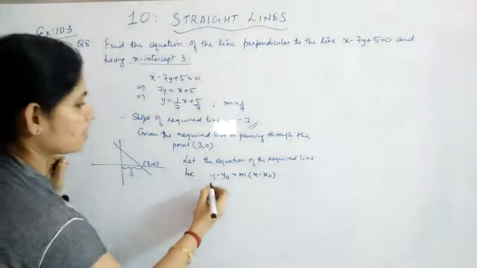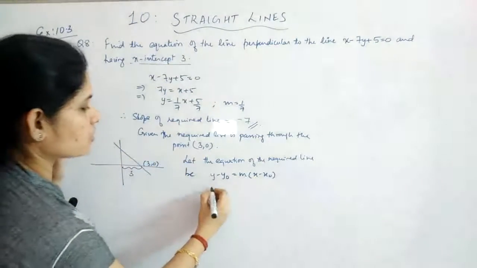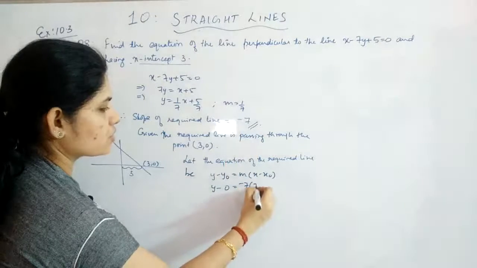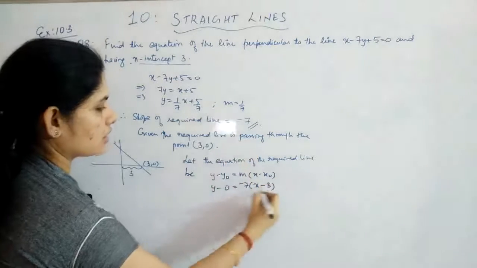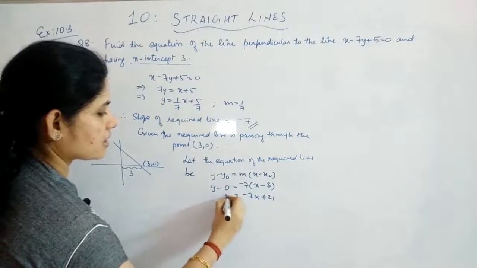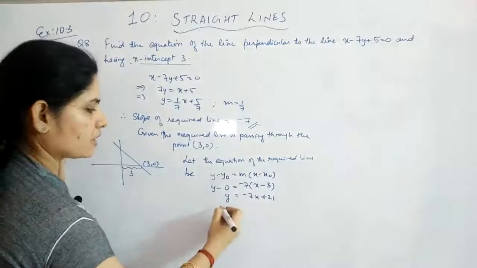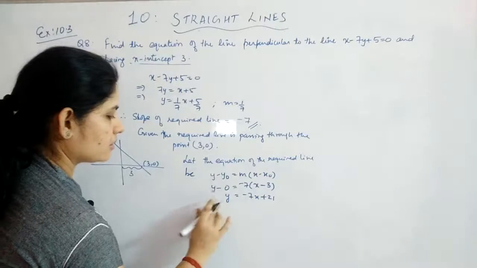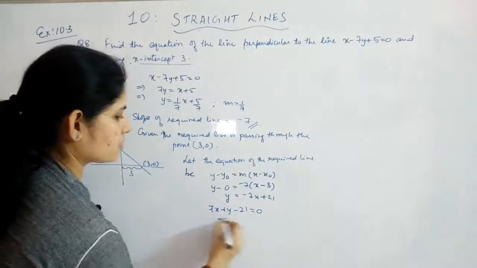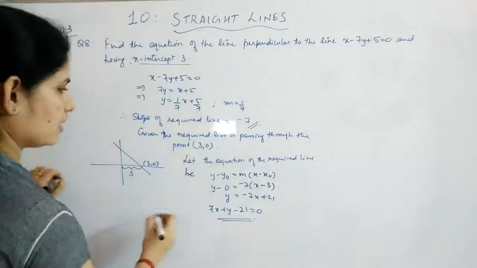Now replace the values: y minus 0 is equal to minus 7 into x minus 3. So you'll get minus 7x plus 21 on the right hand side, and the left hand side is y. This will come here and become 7x plus y minus 21 is equal to 0.